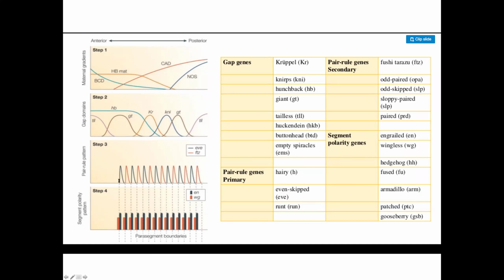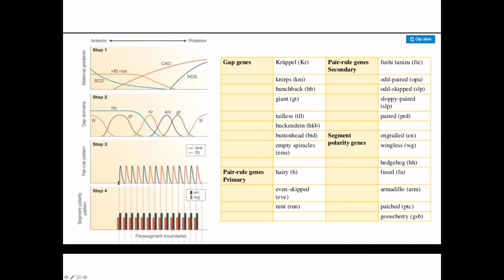Now the cells that see even-skipped and cells that do not see even-skipped will have different identity or different polarity. So the ones that see highest even-skipped will become engrailed positive cells, and the cells that do not see even-skipped become wingless positive cells.